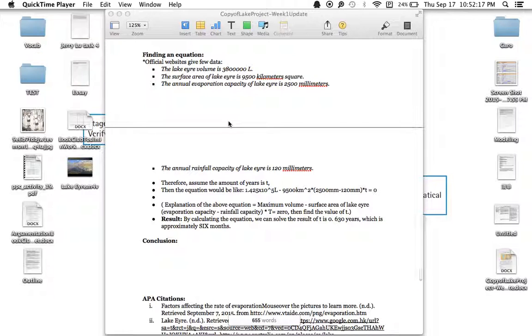Okay, and the next step is how to find an equation. This is the data from the official website, that means not Wikipedia or something else.